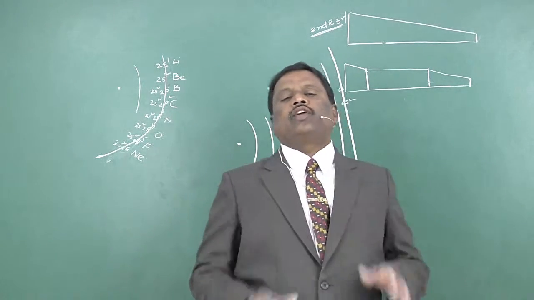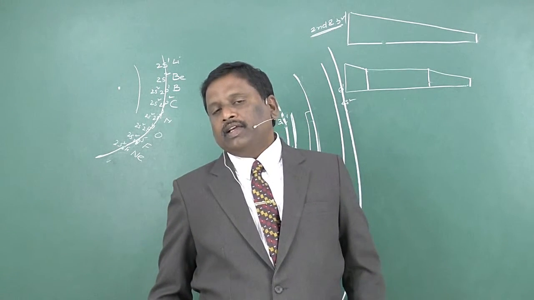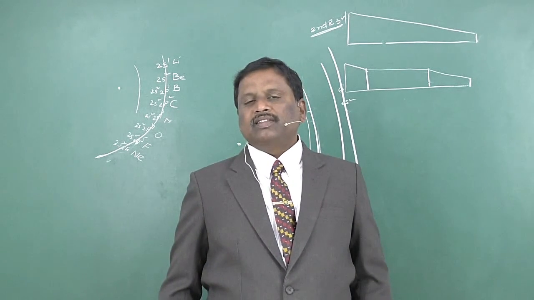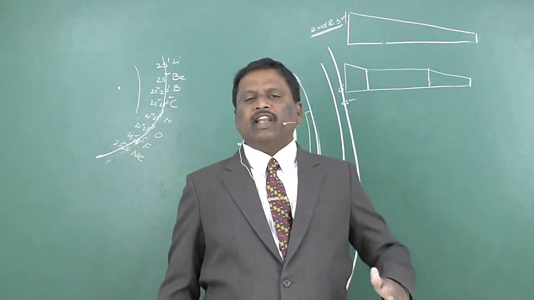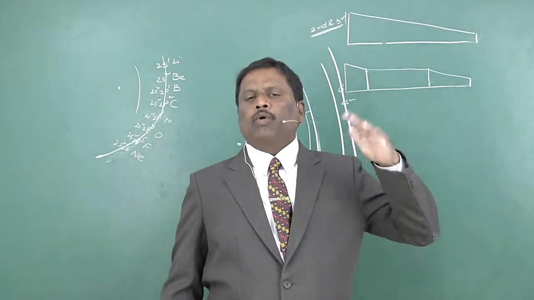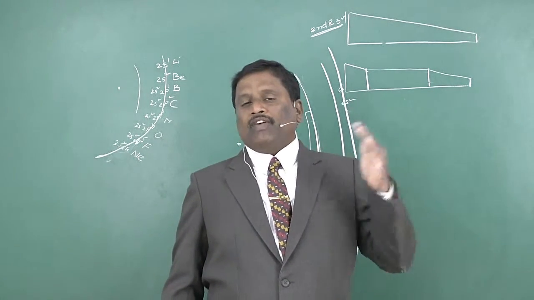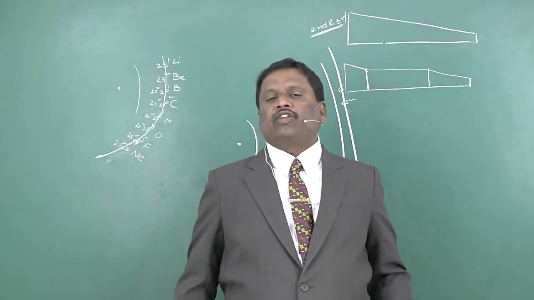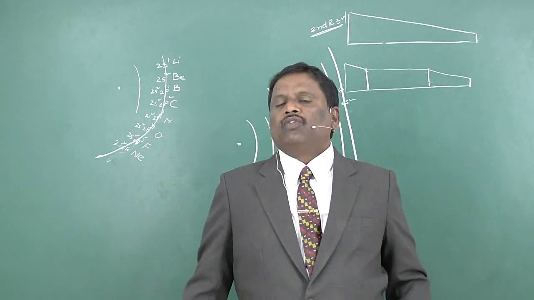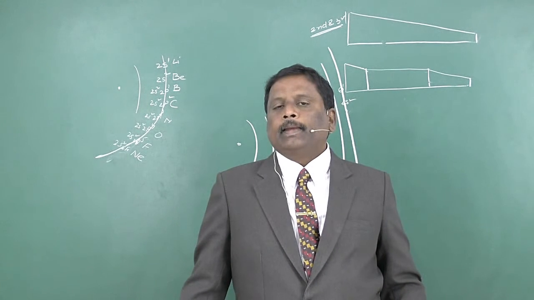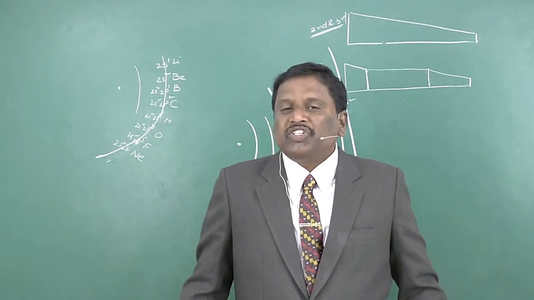Because of this lanthanoid contraction, the d block elements present in the sixth period, that is 5d series elements, will have almost equal size to 4d series elements. Generally, 5d series elements should have a larger atomic size than 4d. But because of this lanthanoid contraction, their atomic size is almost equal to the size of 4d. This we call lanthanoid contraction.